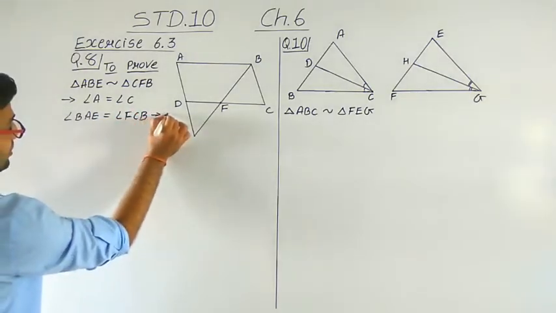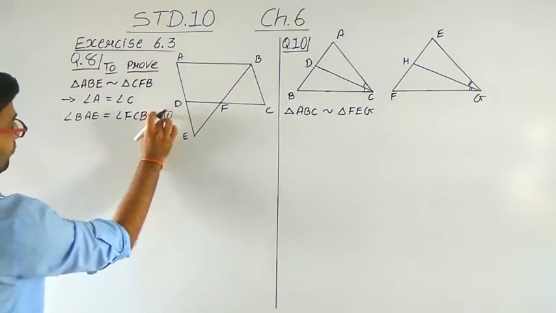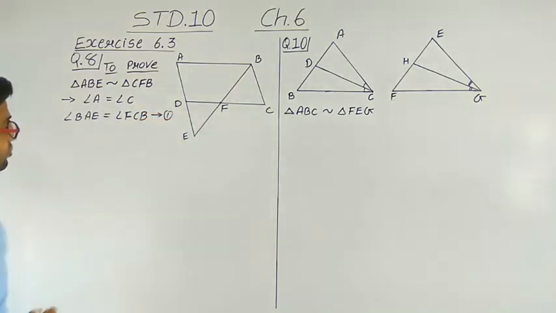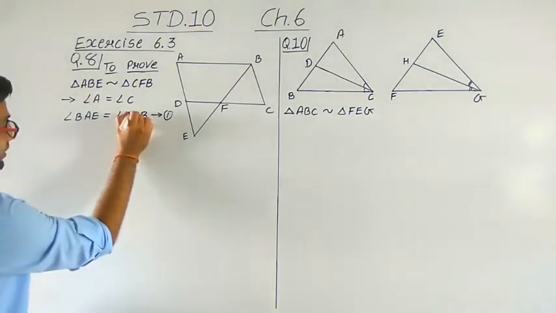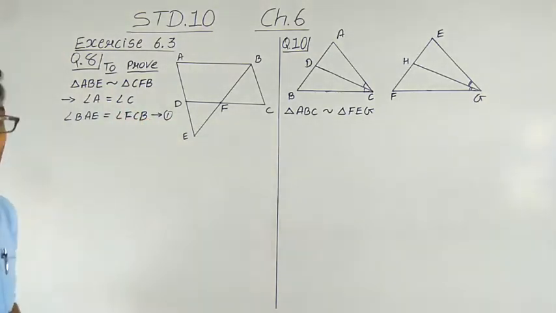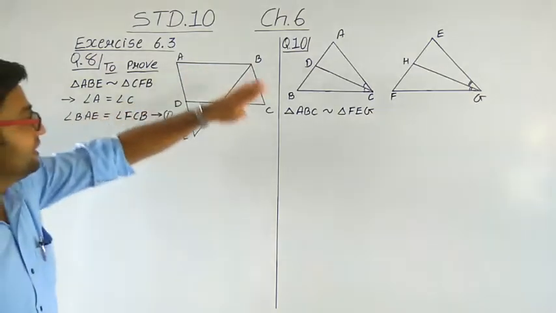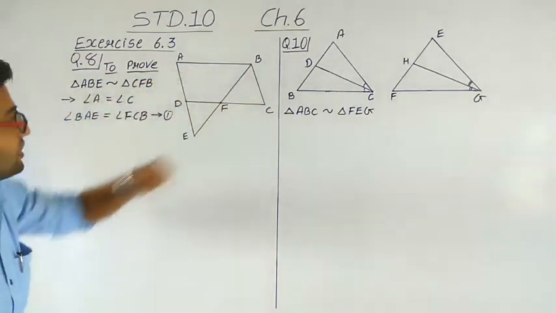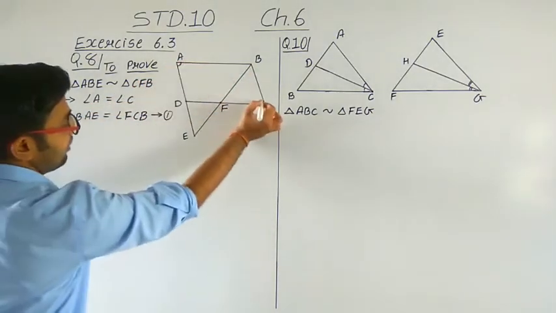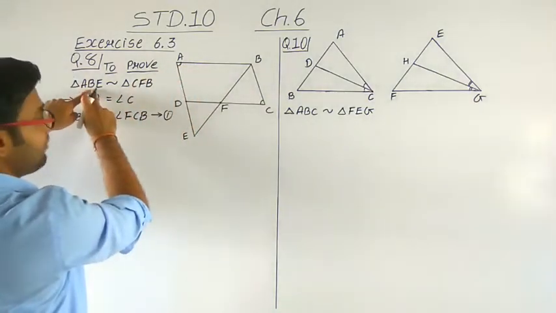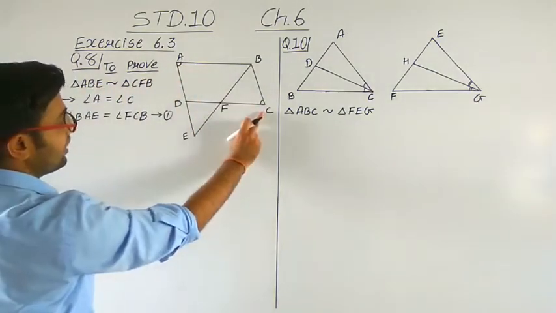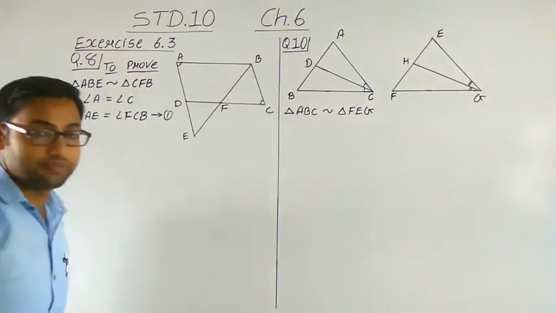So this is equation number 1. So see, in these two triangles, one of the angles is equal, and it is because ABCD is a parallelogram and its opposite angles are equal. One angle is included in triangle ABE, the second one is included in triangle CFB.